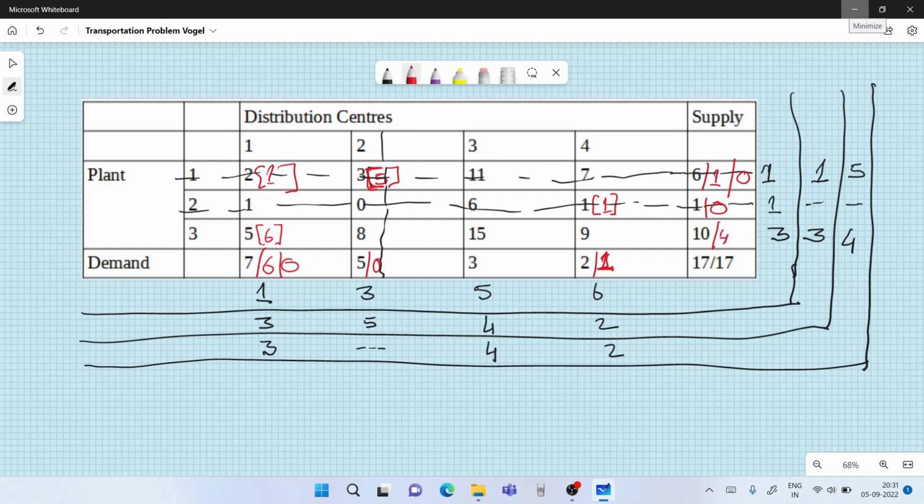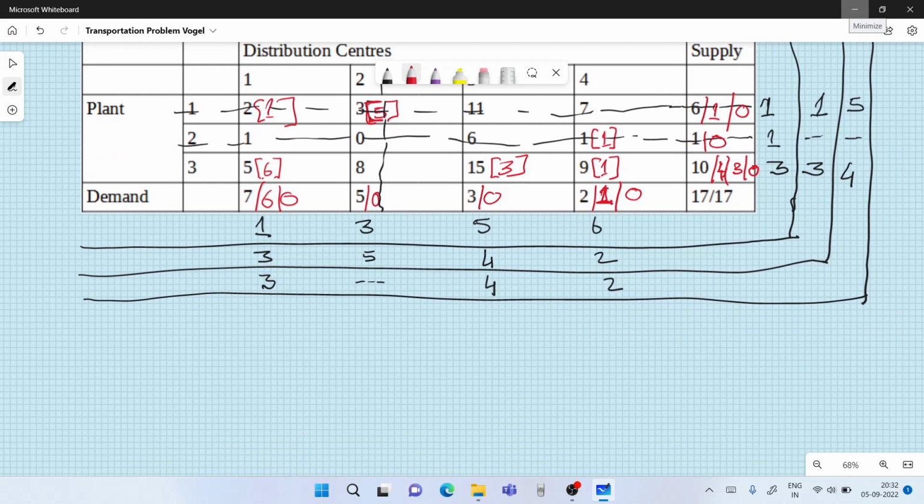Now the other part, that is 1 from this, goes to the next highest cost. So that's going to be 3. And then this 3 is going to now get allocated to the next highest cost. So this demand has been satisfied and this demand also now has been satisfied. Right? So as we can see, all the allocations now have been done.